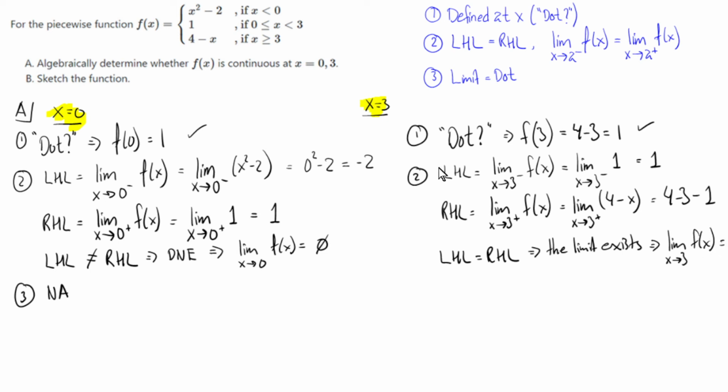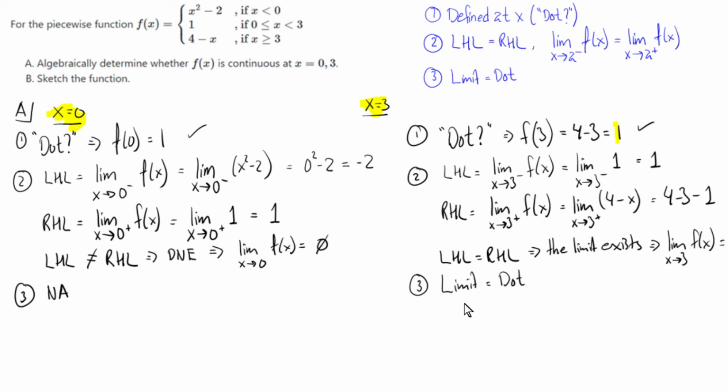That was criteria number 2. Criteria number 3, now we need to make sure that the limit we got of 1 equals the value of the dot. And it is indeed the same. So here we can now say that the limit equals the dot.